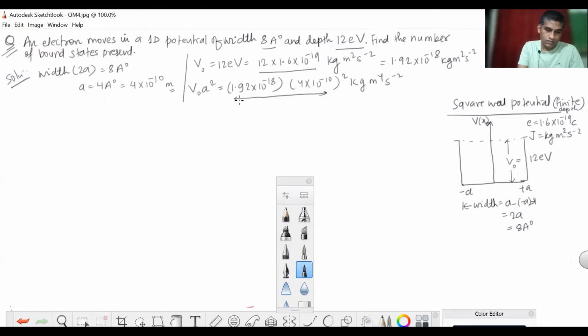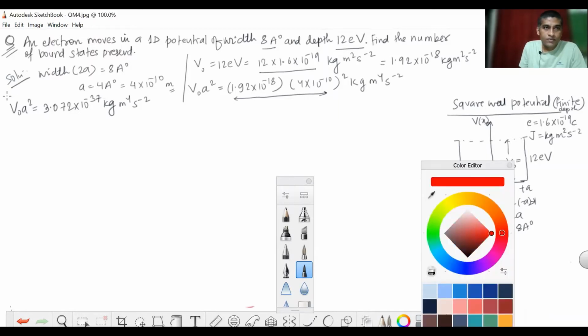So V naught a square equals 3.072 into 10 to the power minus 37 kg meter to the power 4 second to the power minus 2.